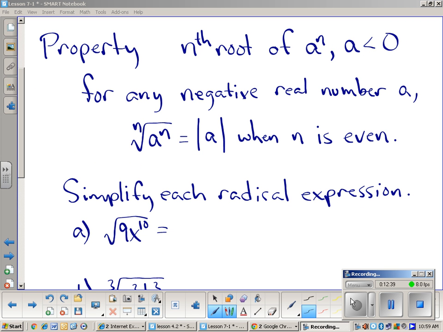So the property of the nth root of a to the n is a if a is less than 0 for any negative real number. What's that?